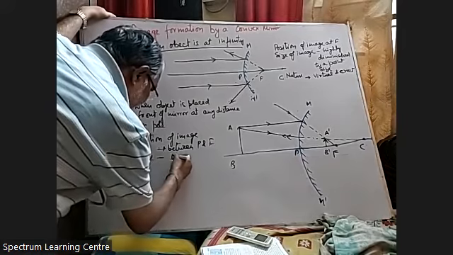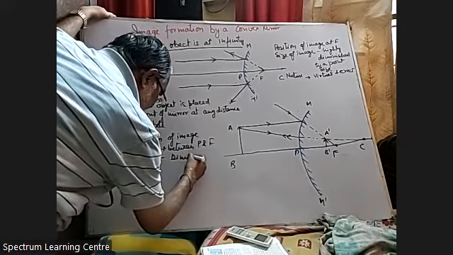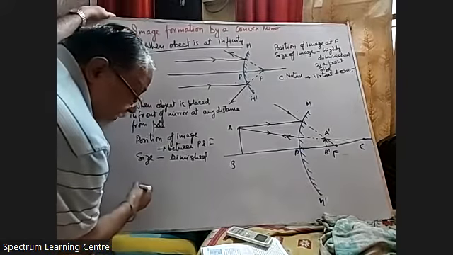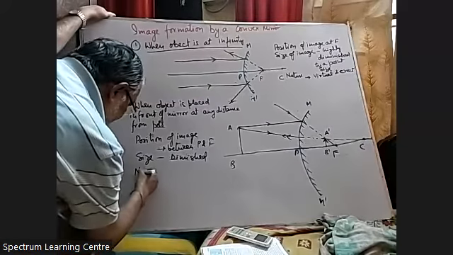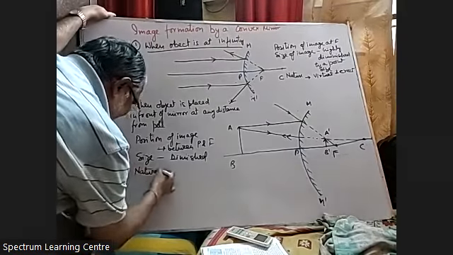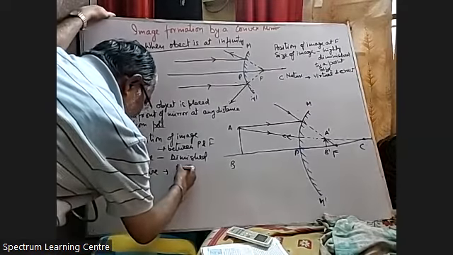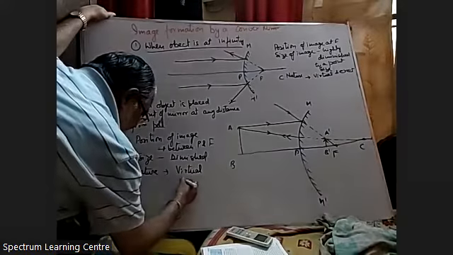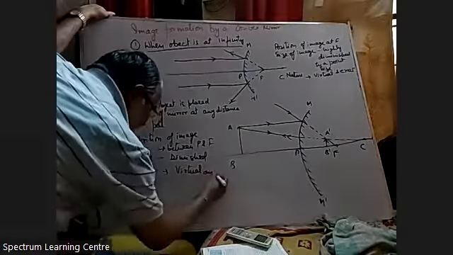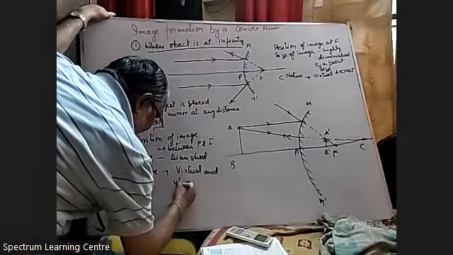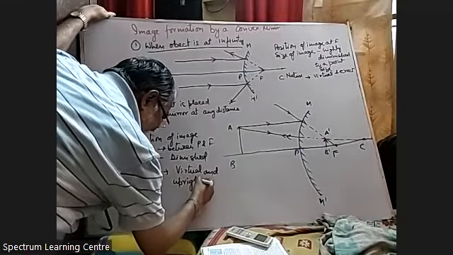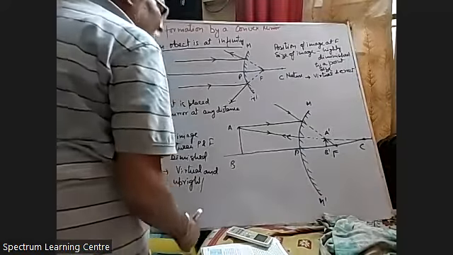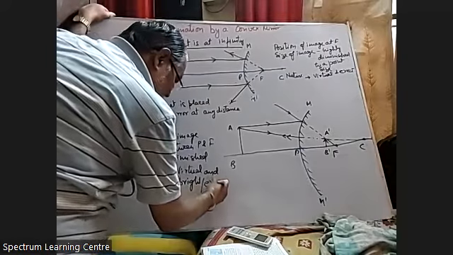Size is diminished, and nature is virtual and upright. In your book, it is written upright. See, virtual, I don't have any issues, and upright. In place of upright, it is quite a long word. We can use erect also.